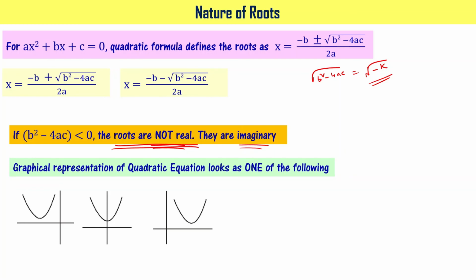In all these cases, the curve is not touching the x-axis, neither cutting the x-axis. In all these cases, when b square minus 4ac is less than 0, the curve neither touches the x-axis nor cuts through the x-axis. Please note this.